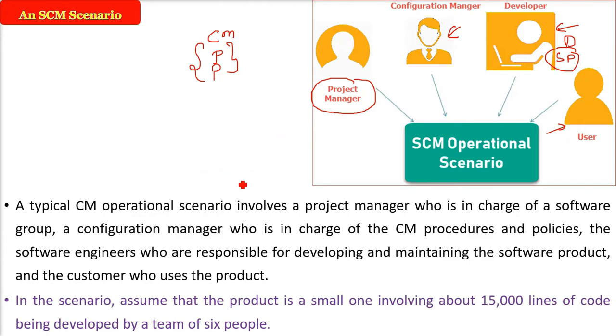So we can have, say, a product with 15,000 lines of code, developed by, say, 6 people. The project manager wants to see what is happening, the configuration manager wants to know the track, the developer wants to access a previous version, and a user wants to know what changes have been done.